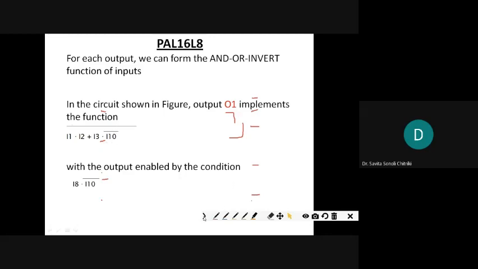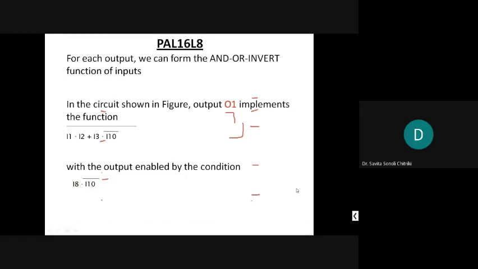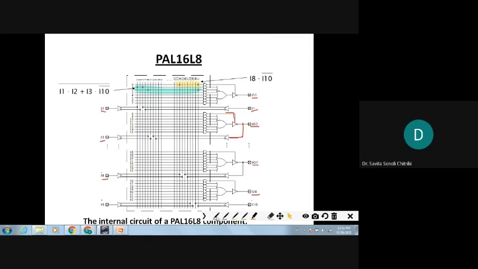So we should check for O1, with the output enabled by the condition I8 and I10 bar. We need to check for output 1, O1.